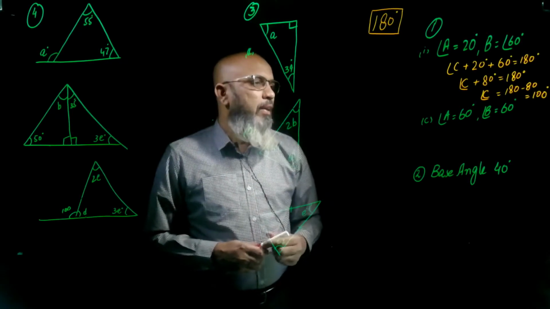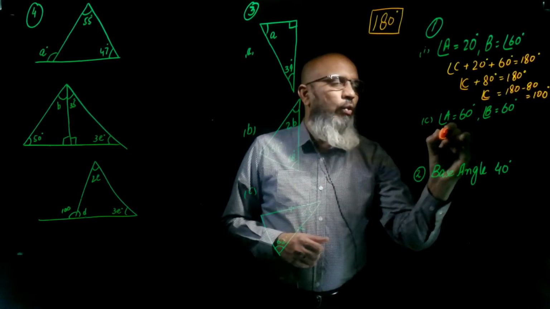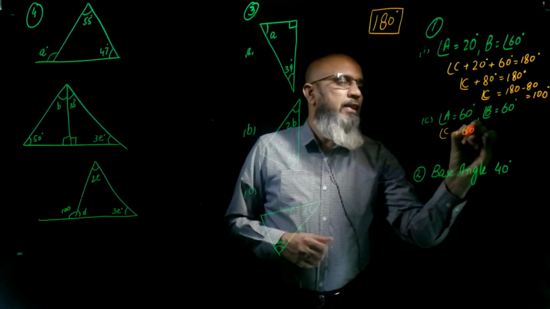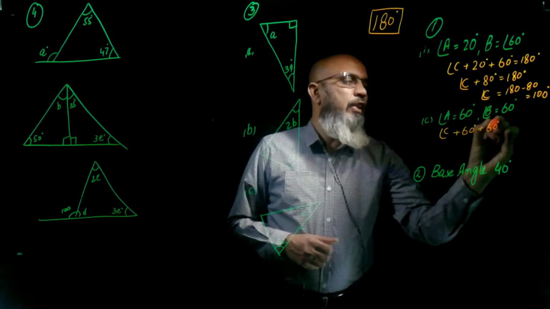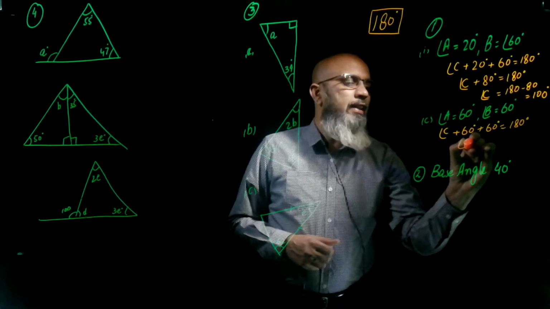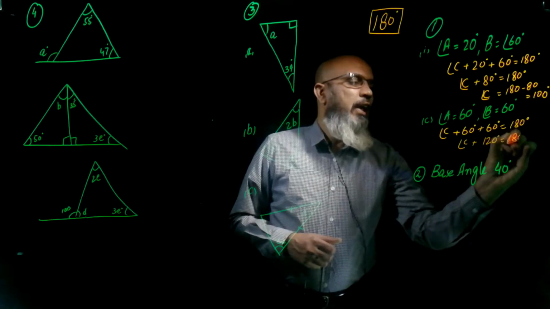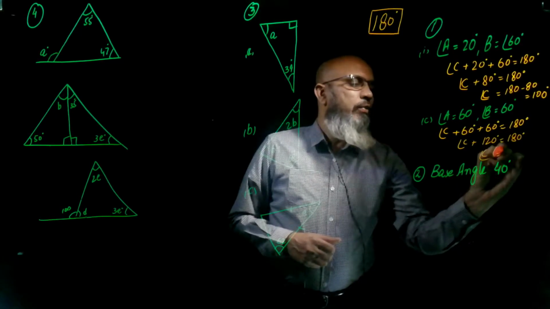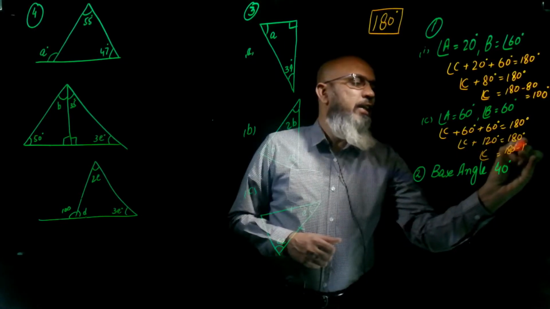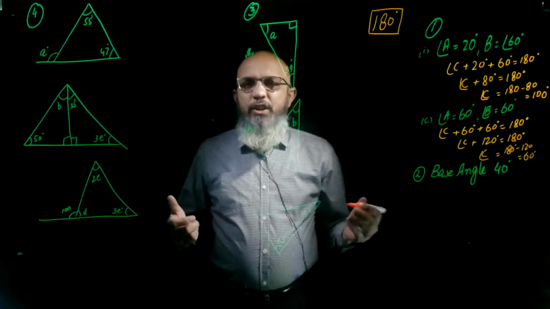In this part, angle A is 60 degrees, B is 60 degrees, and C is unknown. So C plus 60 degrees plus 60 degrees is equal to 180 degrees. When you add 60 plus 60, what do you get? You will get 120, and by subtracting you will get your answer, that is 60 degrees.